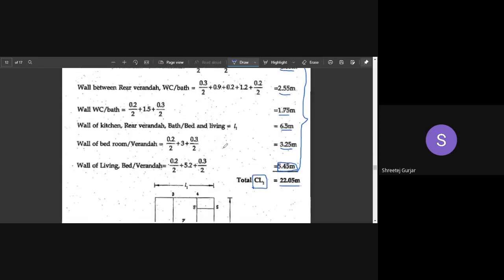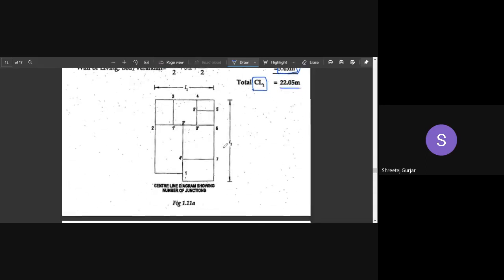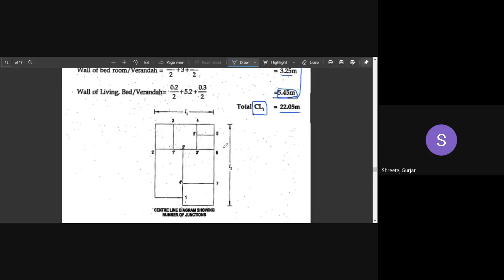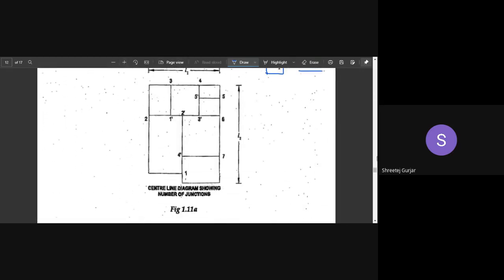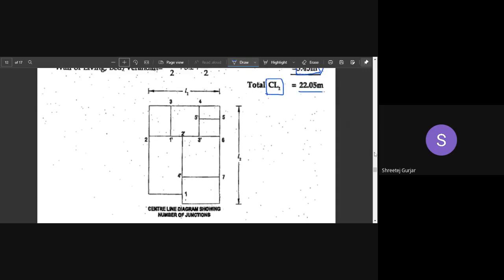The next thing that we have to look into is the number of junctions. This is a line diagram, or line type of plan, of the regular residential building that we are concerned with. So this is the center line diagram showing the number of junctions. We have to calculate the number of junctions.